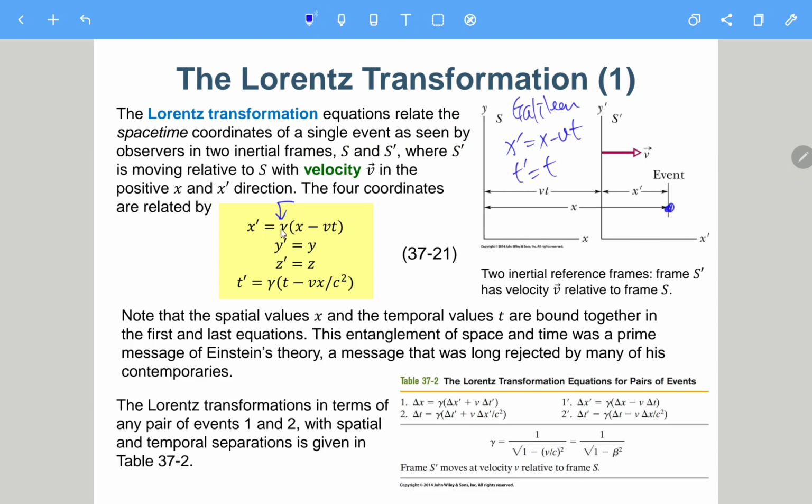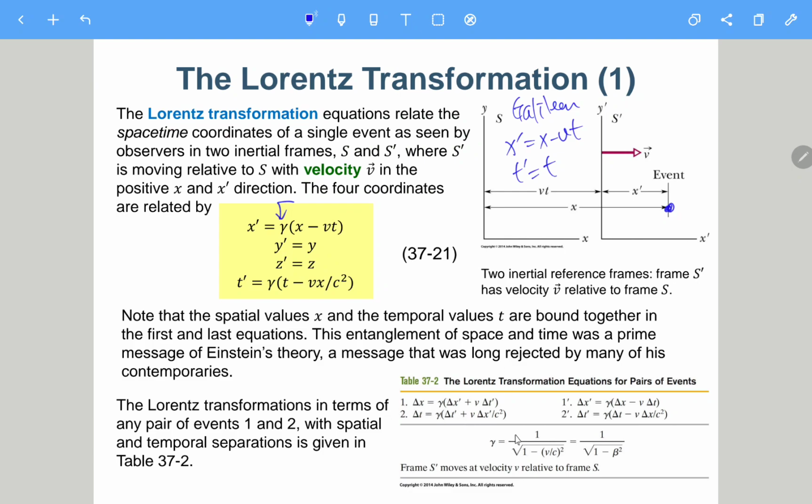So when you change from S to S prime you multiply by this gamma factor, and when you change back you multiply by another gamma, but it turns out to cancel. It is very interesting. So this is the Lorentz transformation we will use to consider the coordinate change between two inertial reference frames.